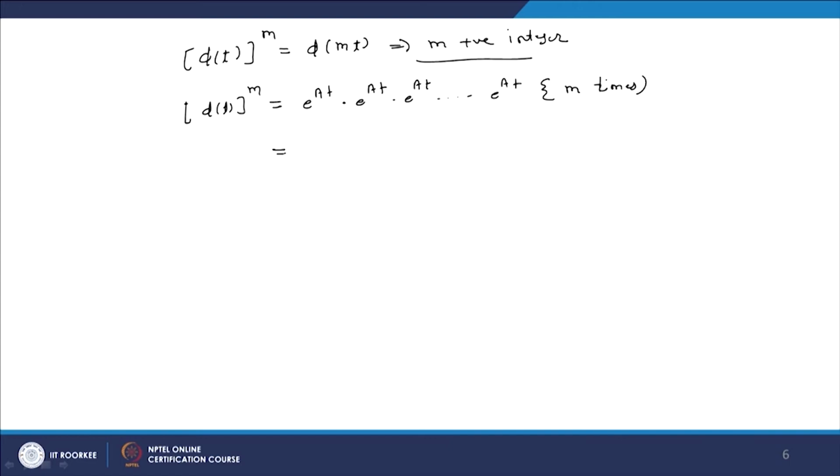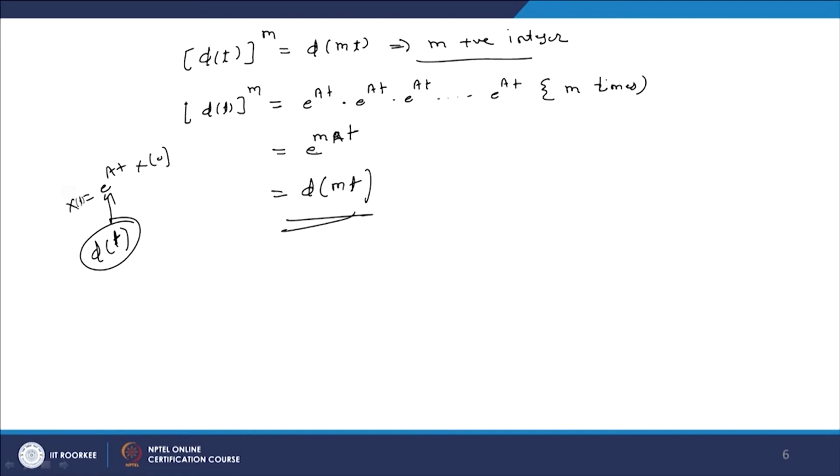So this we can write as e raised to m into a into t, and we have seen that x of t equals e raised to at x naught, so this is written as phi of t. So here this can be written as phi of m into t. Here m terms have been added, therefore this result has been proved.